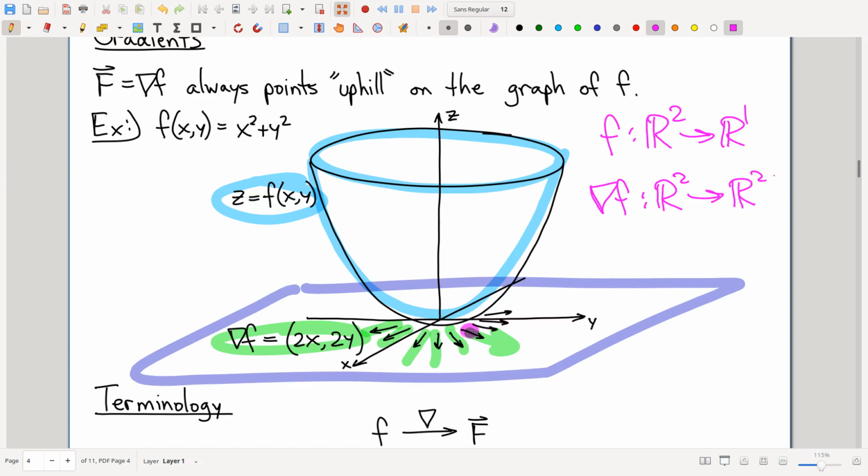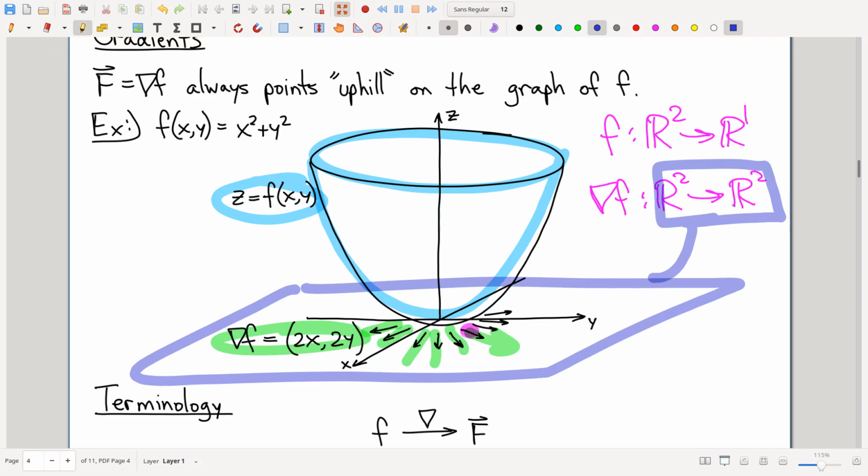The inputs are x and y. The outputs are these 2 formulas right here. So R2 to R2, or said differently, it is a vector field on R2. So this xy plane down here is where the vector field lives. Yeah, totally.